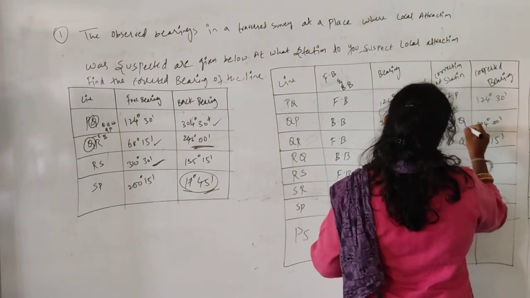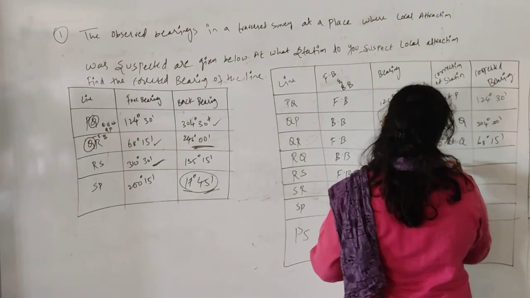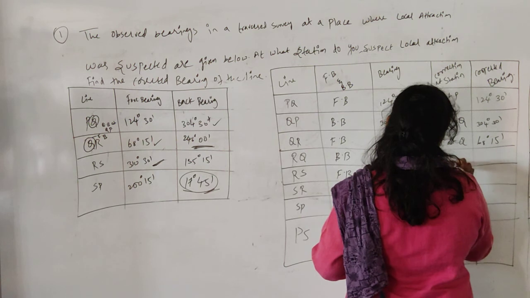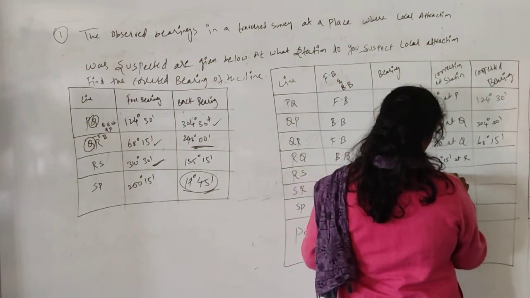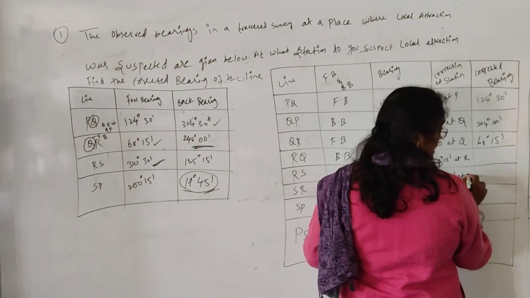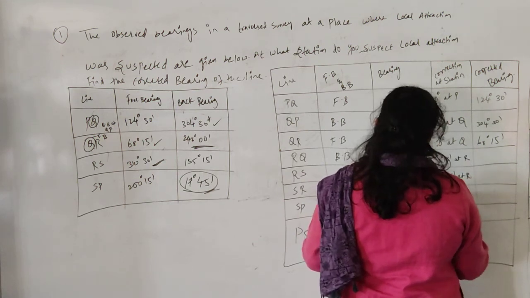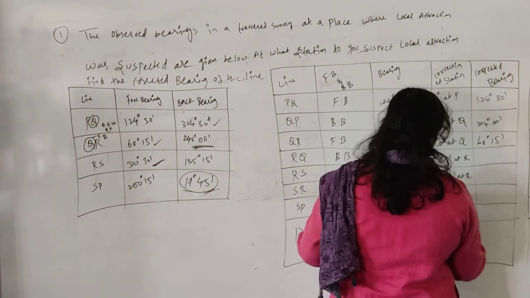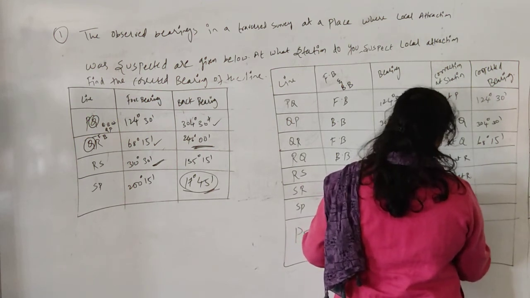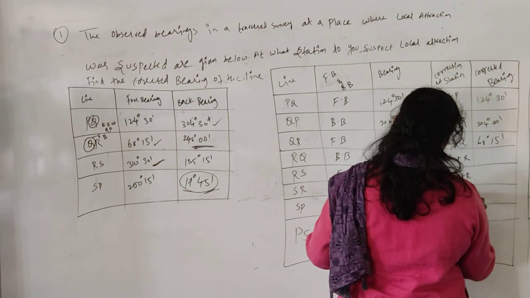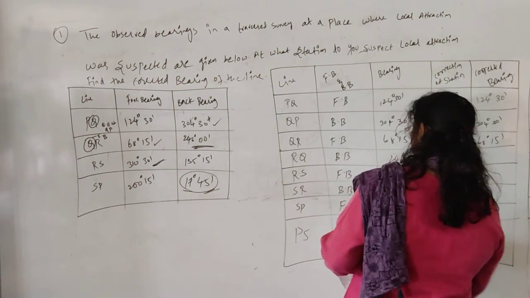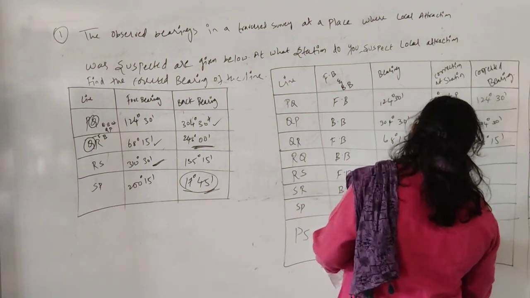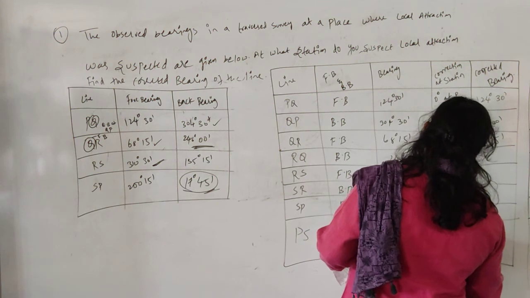This is also station Q. Right, here the first one is 2 degrees 15 minutes at R, again 2 degrees 15 minutes at R. Right, next minus 2 degrees 30 minutes at S, minus 2 degrees 30 minutes at S. However, P is free from the local attraction, so obviously 0 degrees at P.